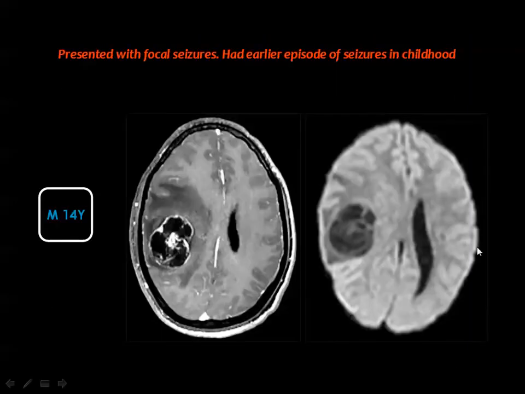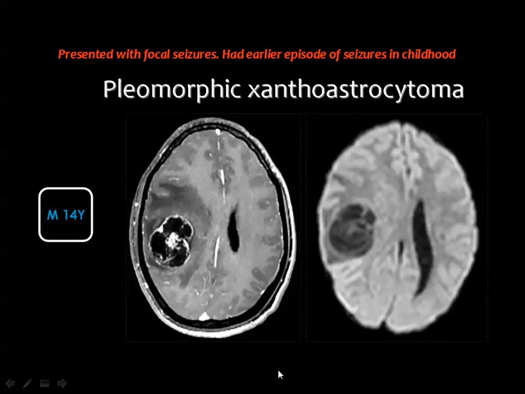And this is the PXA. If you look here, you see the nodule with a cystic component, but in the diffusion weighted images, you got free diffusion. And this is pleomorphic xanthoastrocytoma. Yes, and the nodule here is not superficially located. And I have said also that many of the rules are not absolute.